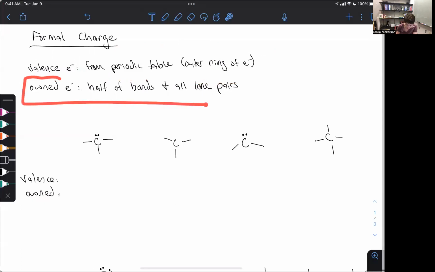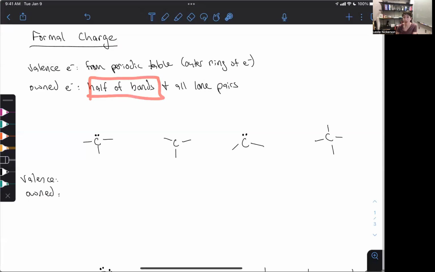The owned electrons, I don't even know if anybody really talks about it like this, but it's really just how many electrons that atom gets to call its very own. That's a weird way of saying we're looking at half of the electrons in bonds, considering that an atom is evenly sharing those electrons that make up the bonds, and then all the lone pairs, which are not getting shared with any other atom.